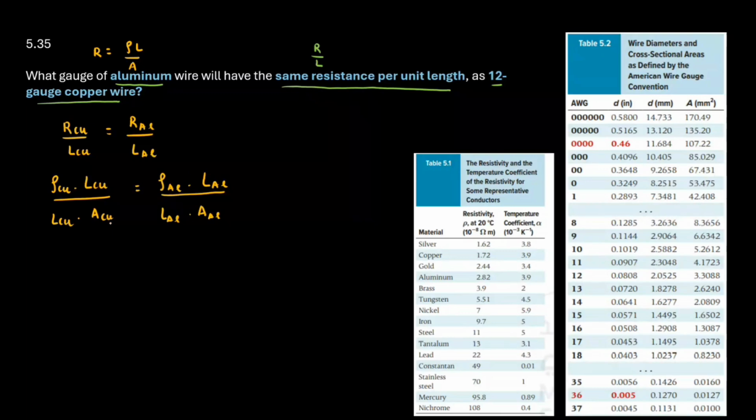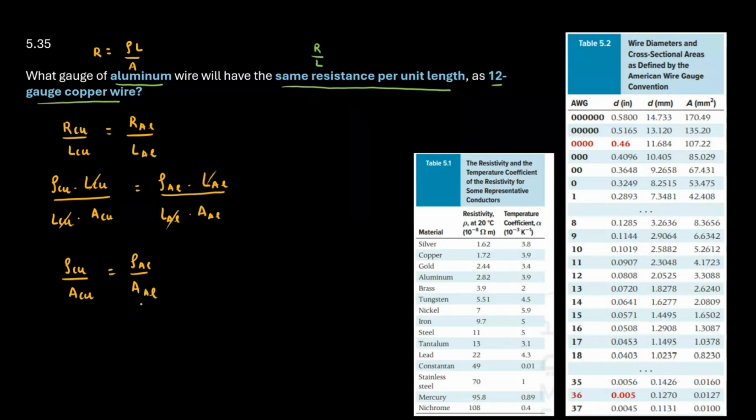So rho L over A I got from resistance, and one length was already present in the expression before. Now cancel off the length from here, and then we get resistivity of copper over area of cross section of copper to be equal to resistivity of aluminum over area of cross section of aluminum.